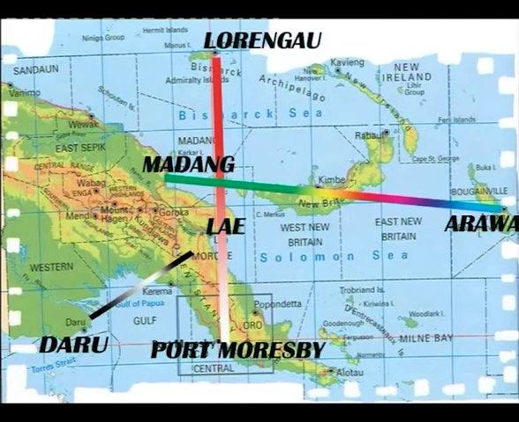Okay, B, next one. What's the question? Lorengau from Port Moresby. So what's that direction? Direction is north. All right, next question.